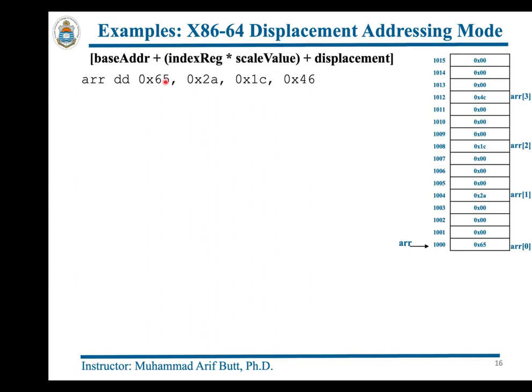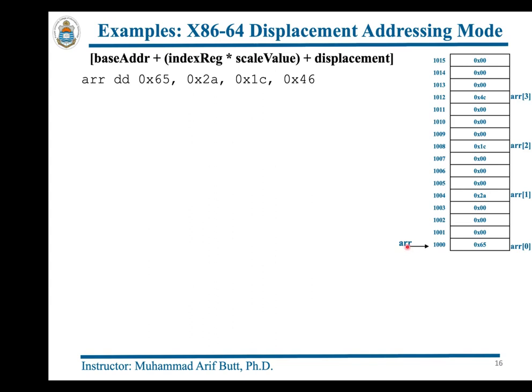Assuming that the system is little endian and the base address of the array is shown over here as 1000, this is the snapshot of 16 bytes of memory: 1000, 1001, 1002, 1003 and so on to 1015.